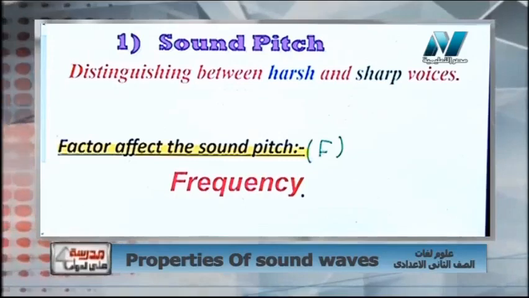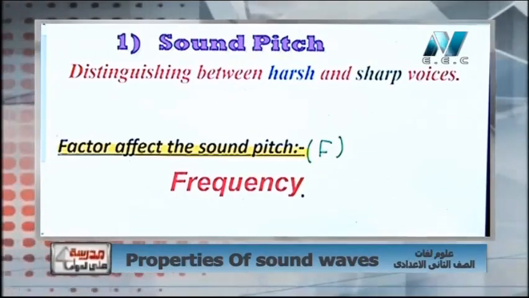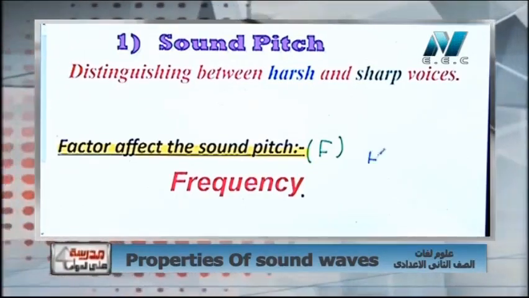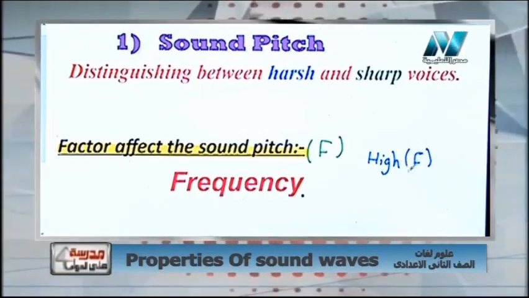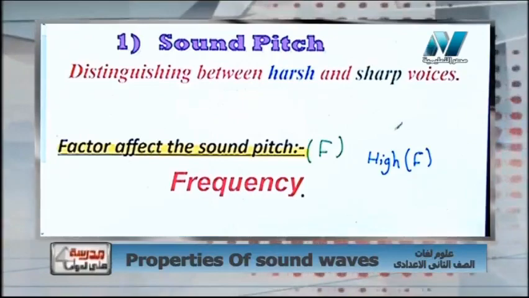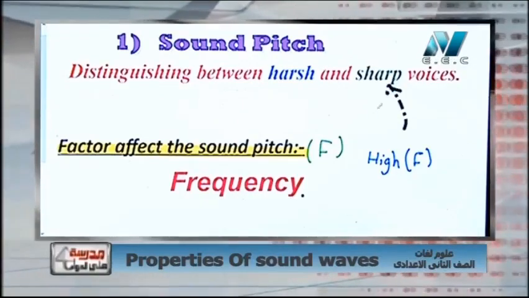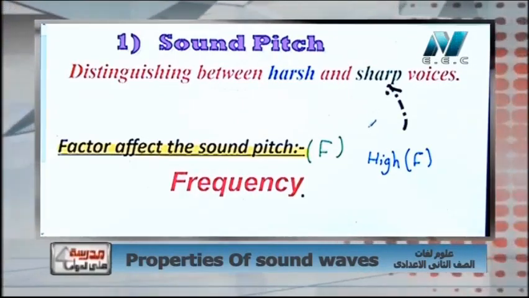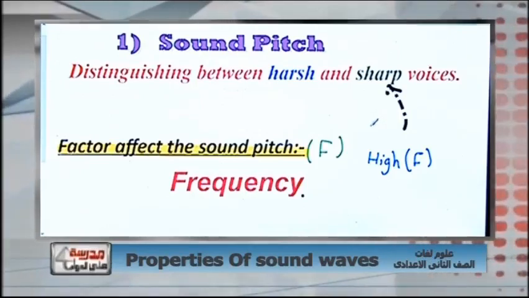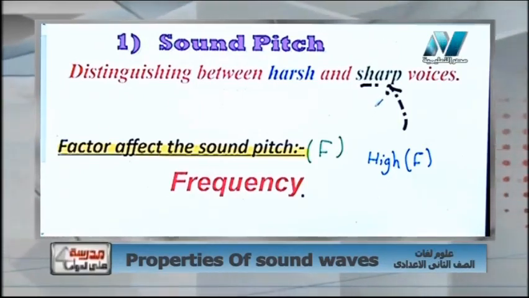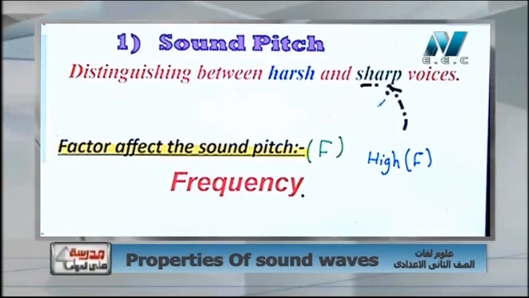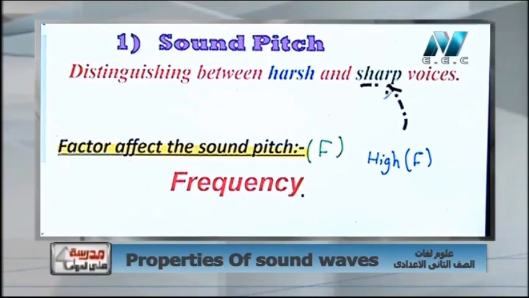So if we have high frequency, we talk about a sharp voice, as the voice of birds, for example, or the voice of a woman, which is sharp because it has high frequency.